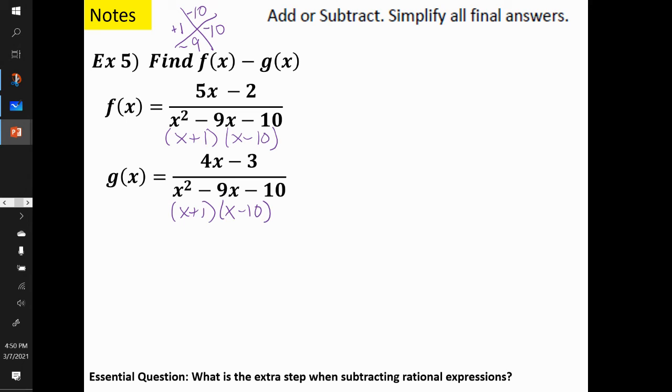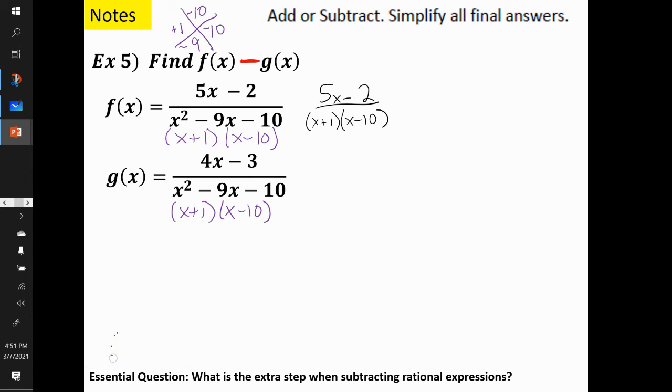Alrighty, so now this one says we're going to subtract them. And so I'm going to go ahead and do it step by step by step. I'm going to write this function, which is 5x minus 2, over its factored denominator, x plus 1, x minus 10.